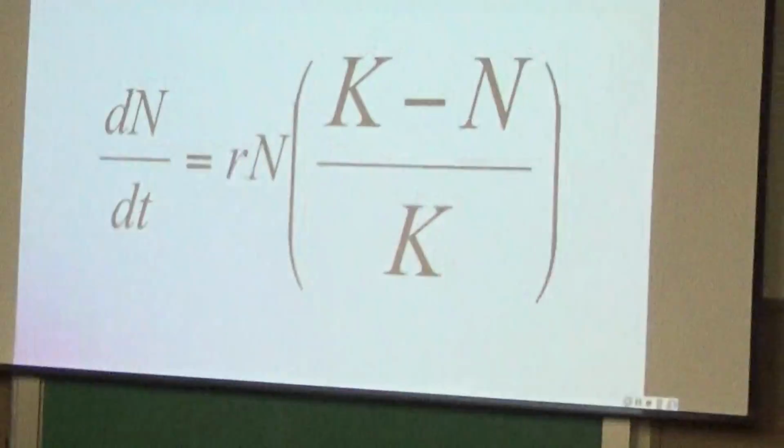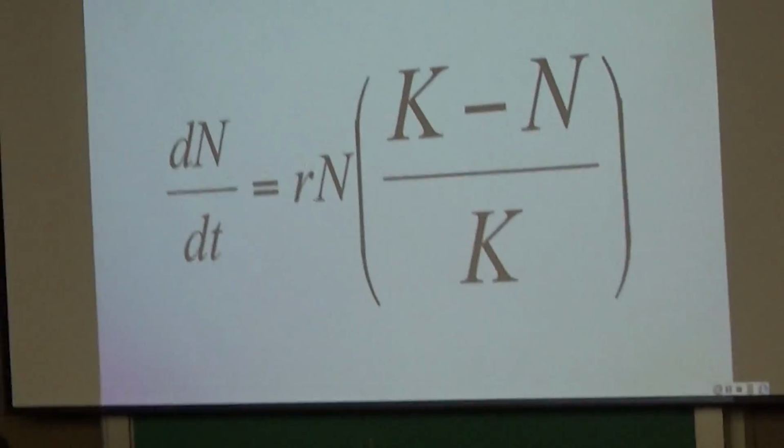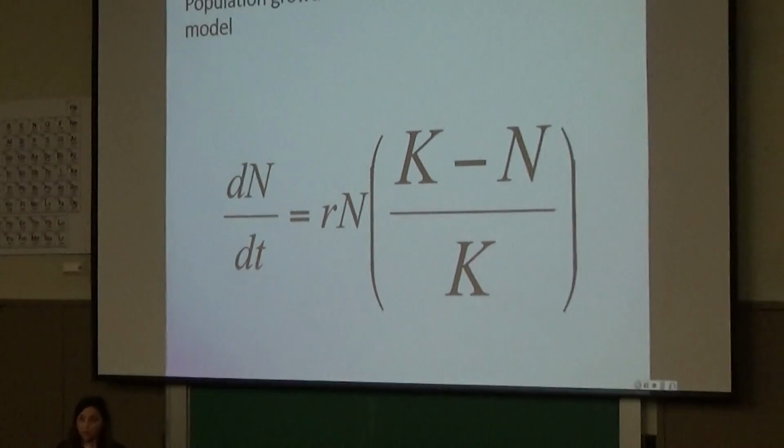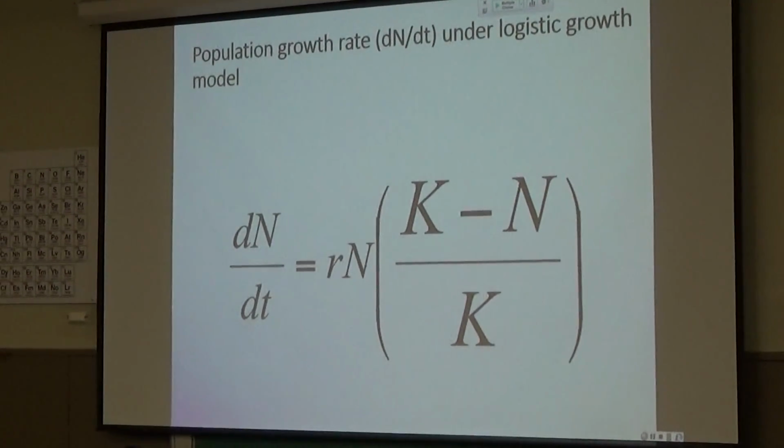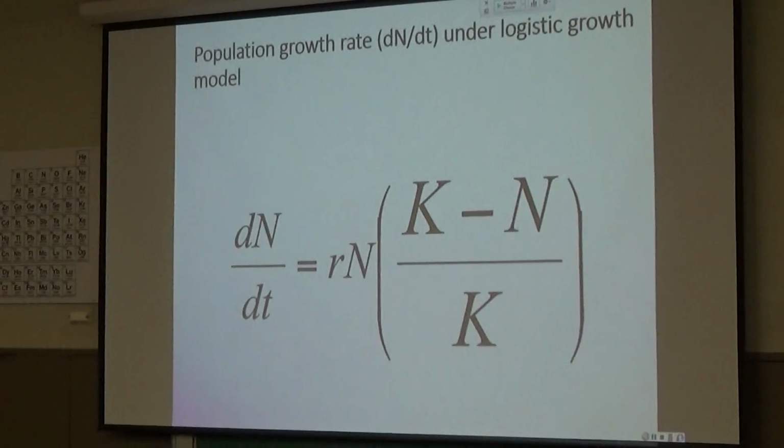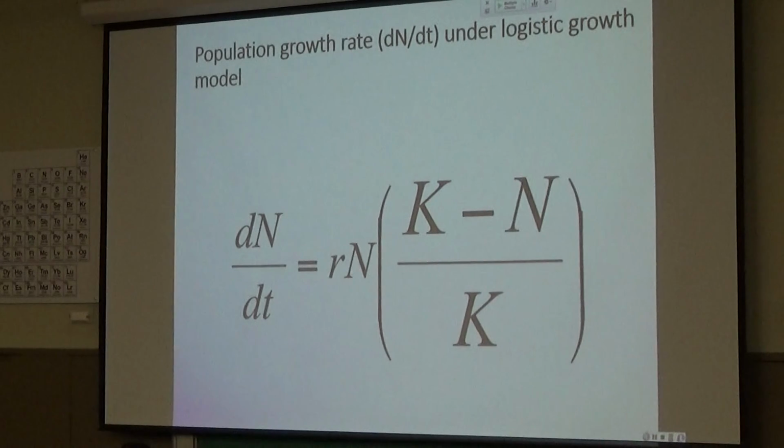So we can express this growth rate here, so pay attention to this. I'm not talking about projections of population size. With this formula, I'm talking about the growth rate of the population. This is the formula that we use to predict growth rate over time under the logistic growth model.